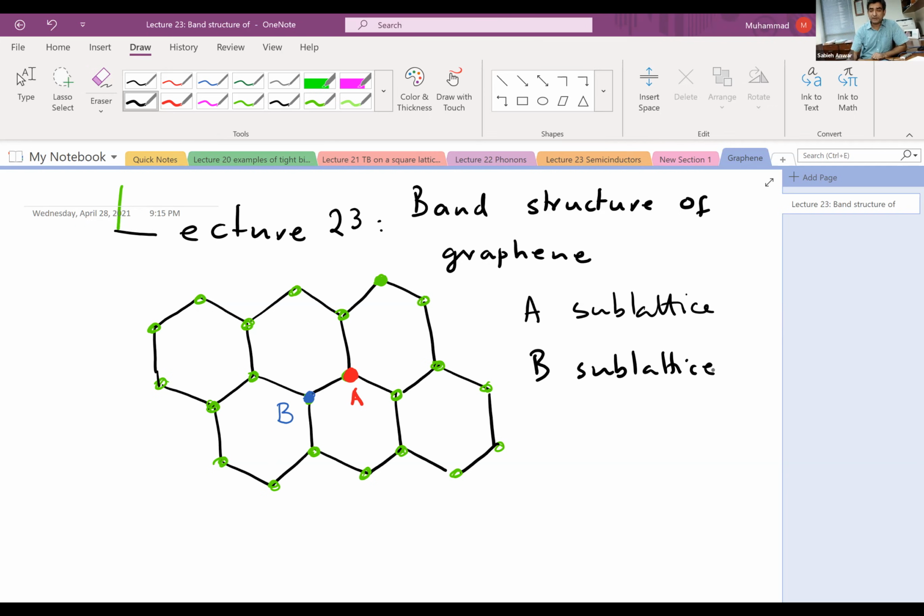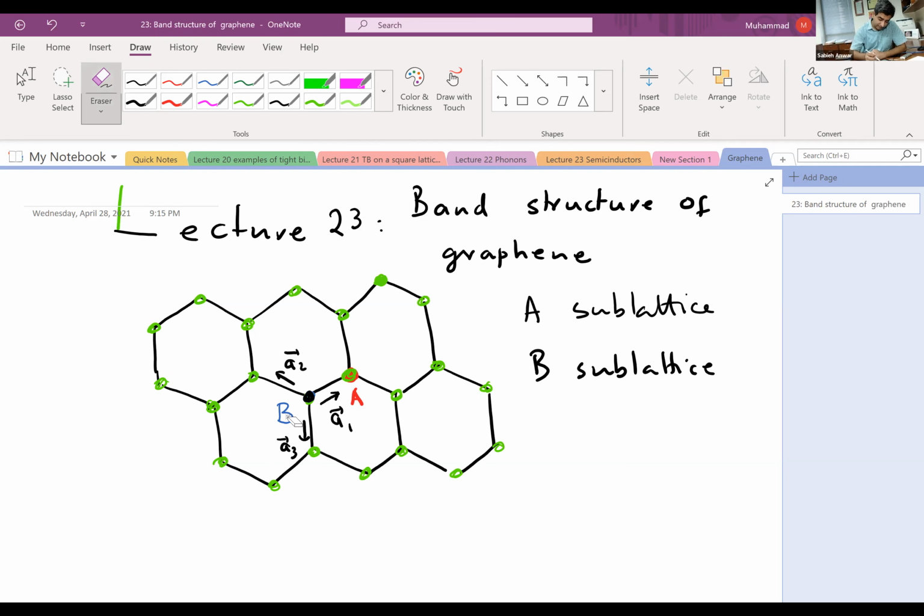So this problem is partitioned into 2 subspaces. An A subspace and a B subspace. So if I look at A and I would like to find out the neighboring atoms to A, I can define these three directions: A1, A2, and A3.